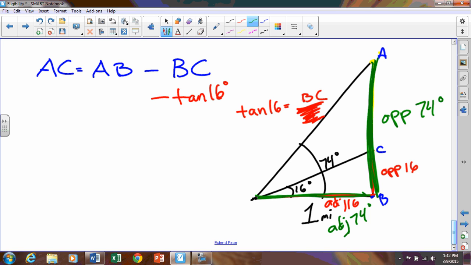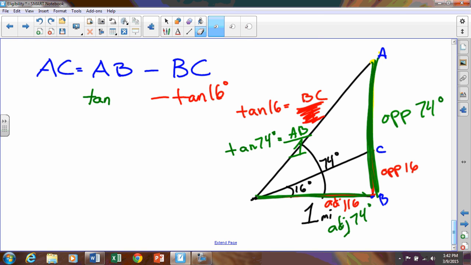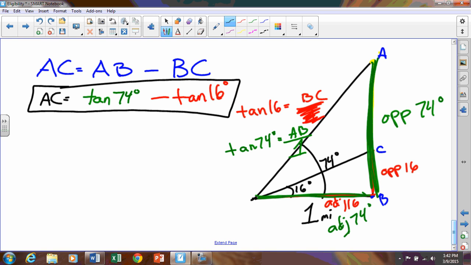And in the exact same way, we wind up with tangent of 74 degrees is opposite over adjacent, which led us to the conclusion that this piece had to be the tangent of 74 degrees. And so this is the exact value.